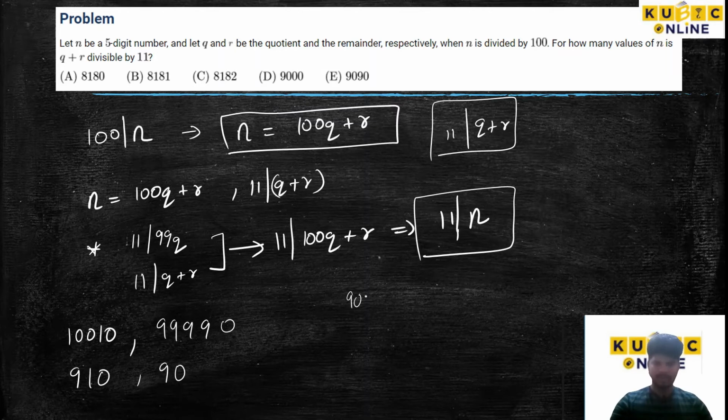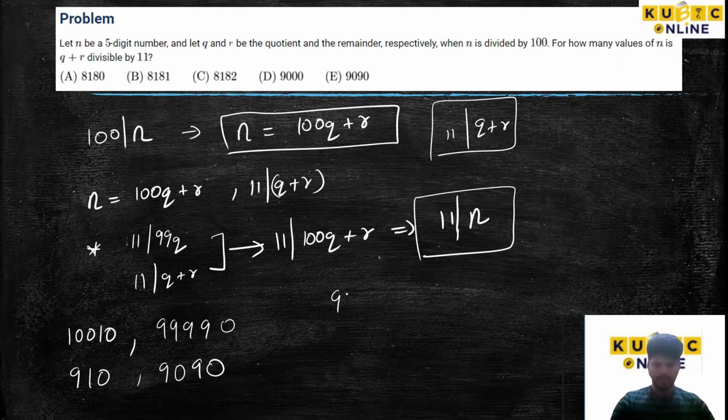So 9009 into 11, if we do 909 basically, 99009. Yes, so 909. So we have 909 this part and 0.